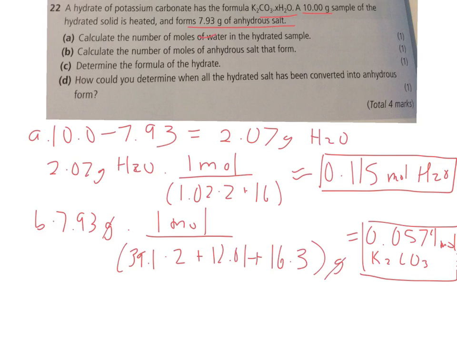For C, it says to determine the formula of the hydrate. So we're going to do this on the other side. To determine the formula of the hydrate, you have the amount of moles of H2O and the anhydrous salt.